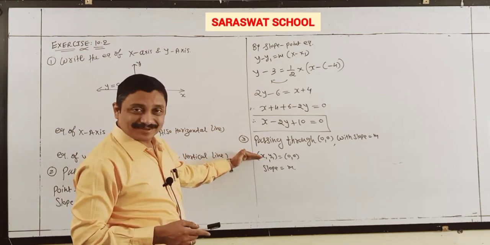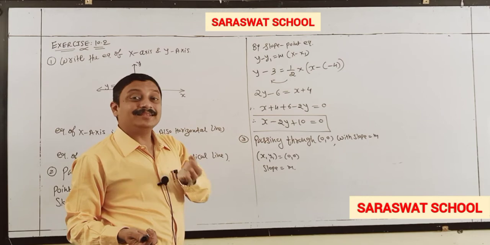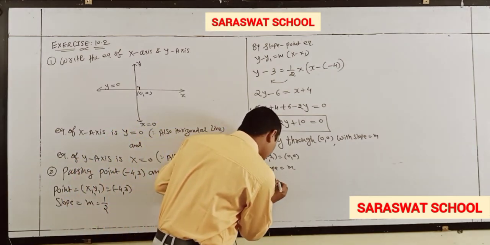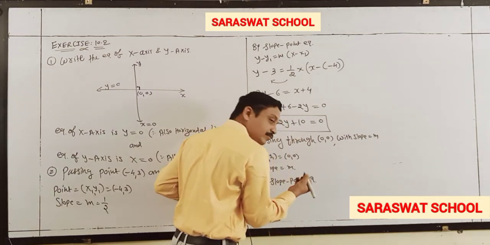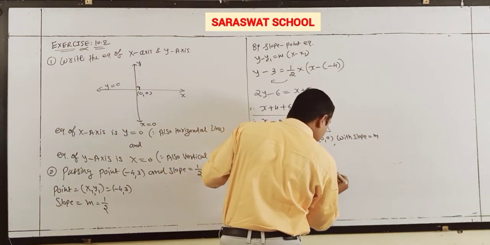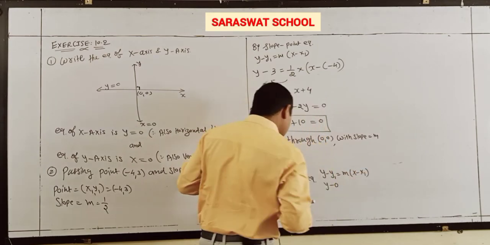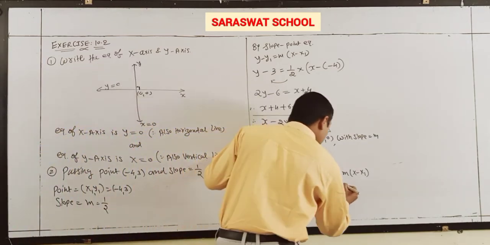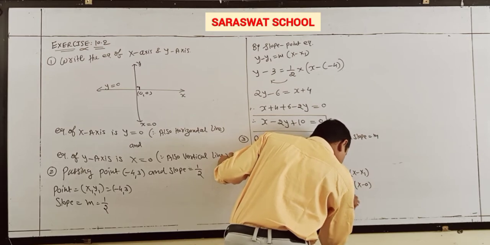Passing through is known, slope is known, so I utilize the slope point, or point slope equation, y minus y1 is equal to m into x minus x1. Students, y1 becomes 0, x1 also 0. So this equation is y is equal to mx.